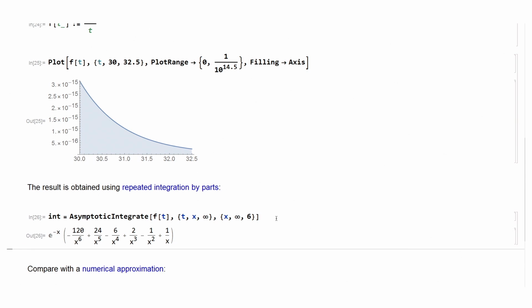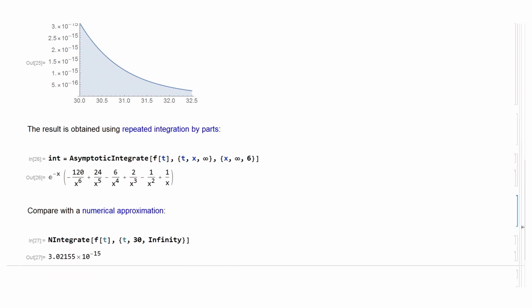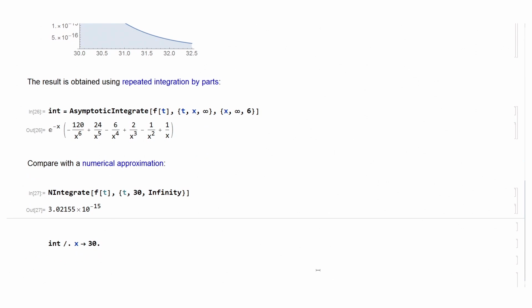What you get back is not a power series, you get back an asymptotic series, which is still good, but more useful for numerical work in this case. Now compare with NIntegrate, and you get a pretty good approximation with the asymptotic solution. So that's the idea. You have a series expansion, either use it directly or do a numerical evaluation with it.